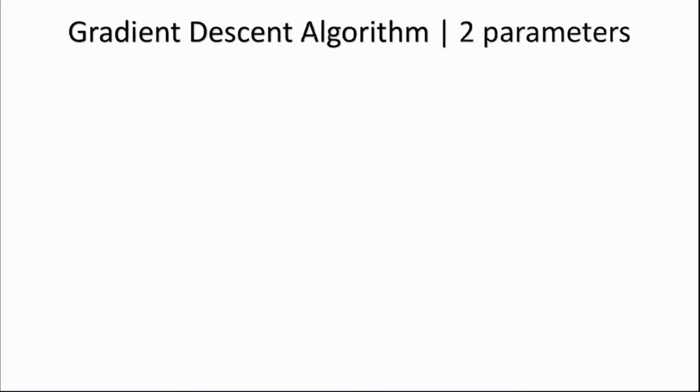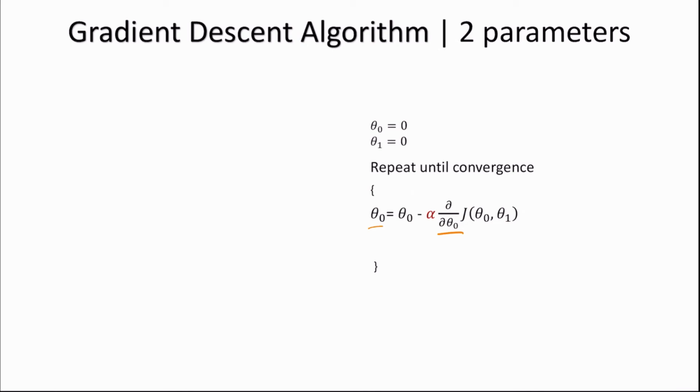Let's now take a look at the algorithm, and you should be seeing some similarities with what we had with just one parameter. So here we initialize θ0 and θ1 both to 0, and we repeat until convergence. Again, repeat until we reach a minimum point, or until θ0 and θ1 no longer change in value. And we update θ0, but this time using the partial derivative of θ0, and we update θ1 using the partial derivative of θ1. The effect of this algorithm is exactly the same as with one parameter.